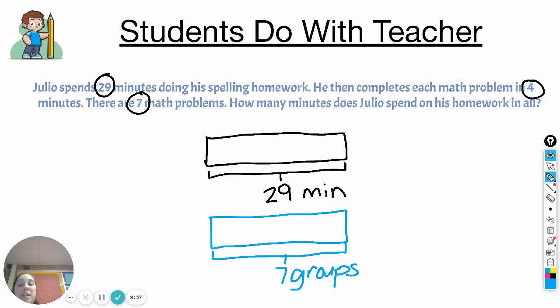Then we need to break it up into 7 pieces. 1, 2, 3, 4, 5, and my last line makes piece 6 and 7 at the same time. 1, 2, 3, 4, 5, 6, 7 pieces, or 7 groups.